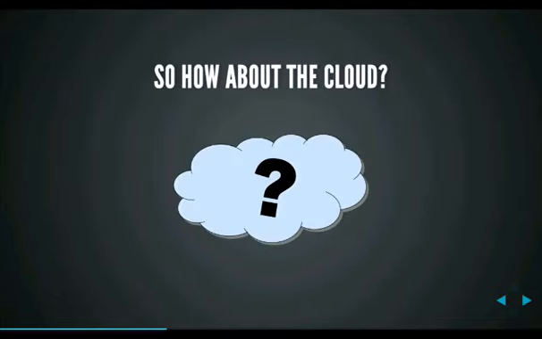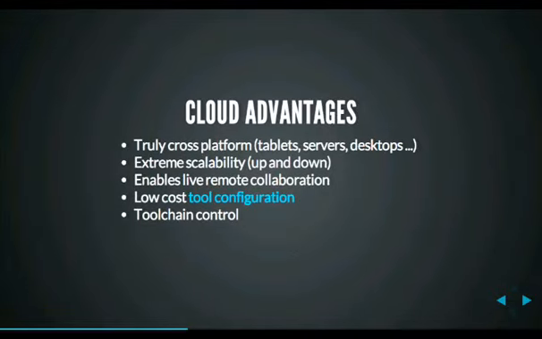So how about the cloud? How about moving tools to the cloud, where we have a different set of assumptions? I think I've been through a lot of these advantages. One of the other ones I didn't touch on was actually the configurability options. If I work for a large German manufacturer and I have very strict constraints over what tools are used to build my application, or I'm in aerospace and want very tight control, in the cloud that's a very easy thing to do, right?